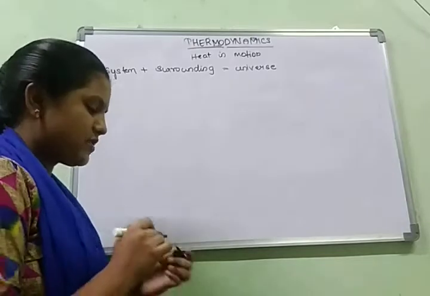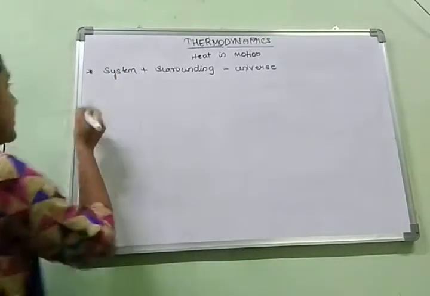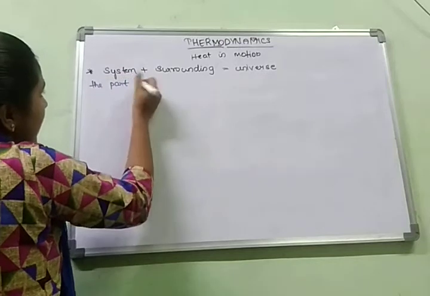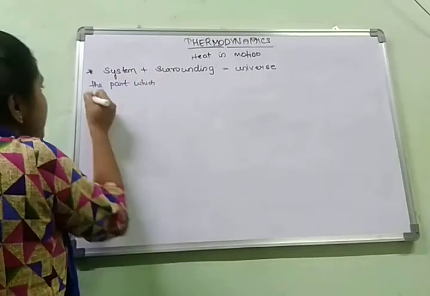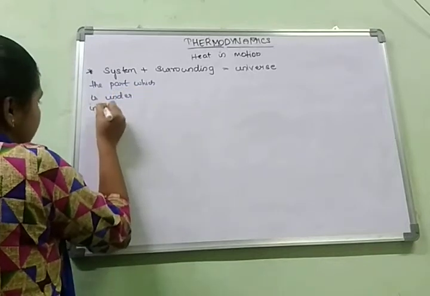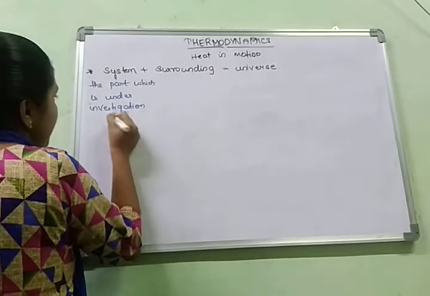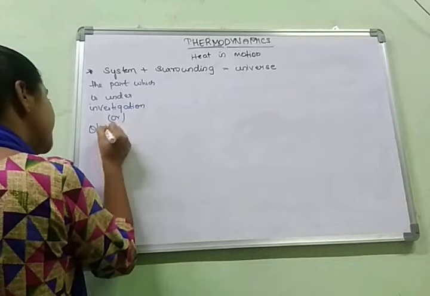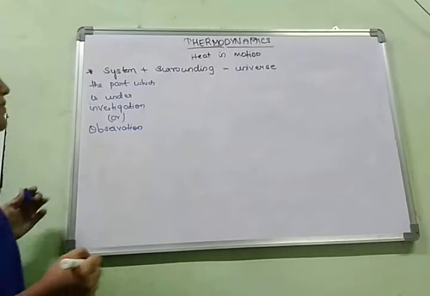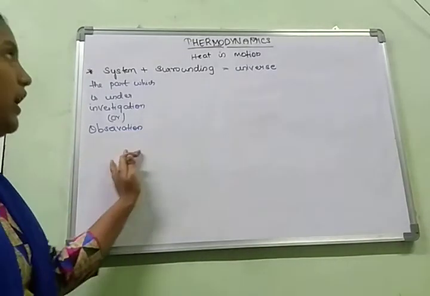What is a system? The part which is under investigation or simply under observation. The part which is under investigation or observation is called system.